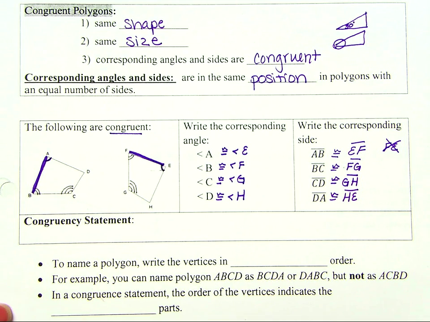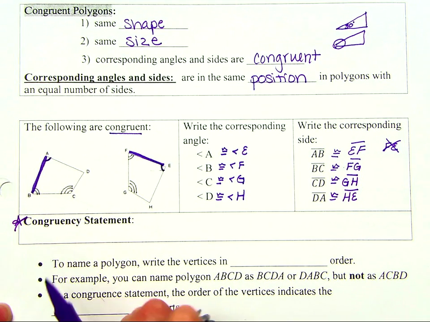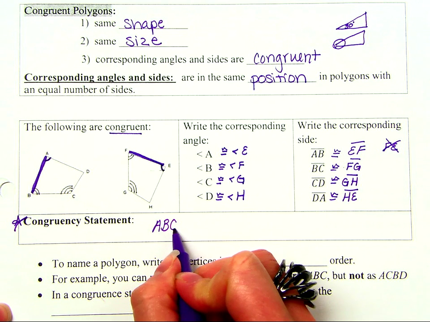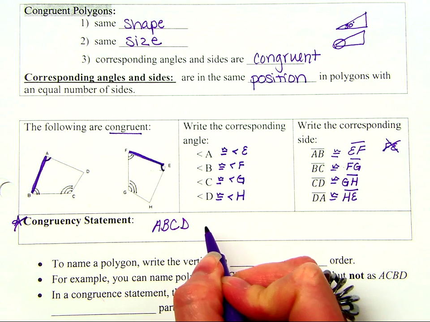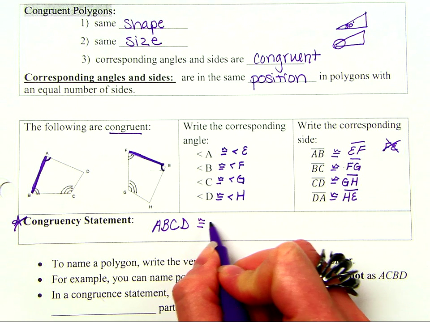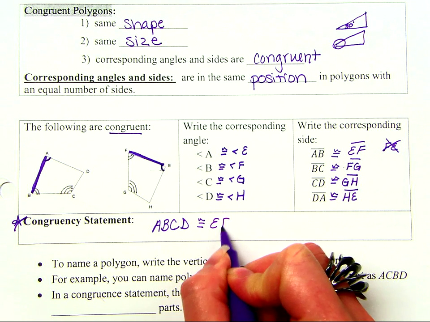When you talk about your figures being congruent, you can then write a congruency statement that compares them. So when you do this, you're naming your figure. When I look at my first quadrilateral, I may name it quadrilateral ABCD. And I would say that ABCD is congruent to quadrilateral EFGH.